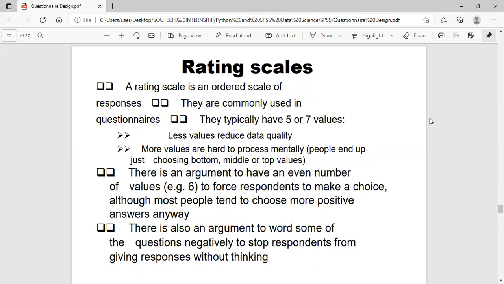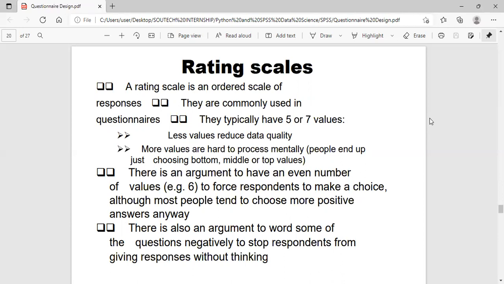I have used rating scales before as an example in this video, where I use strongly agree, agree, neutral, disagree, and strongly disagree. Now that is a rating scale that has 5 options. Yes, but they can be 5 options or 7 options.